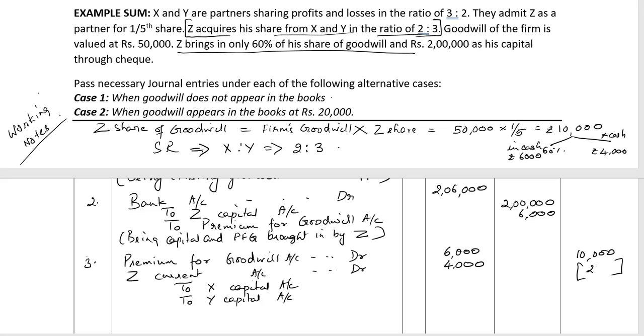The sacrificing ratio is 2:3. So we have 4,000 against X and 6,000 against Y. Narration being goodwill adjusted on Z's admission.